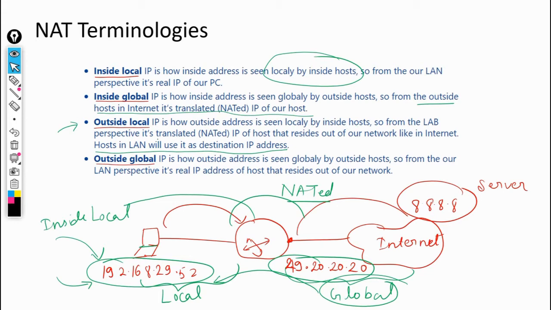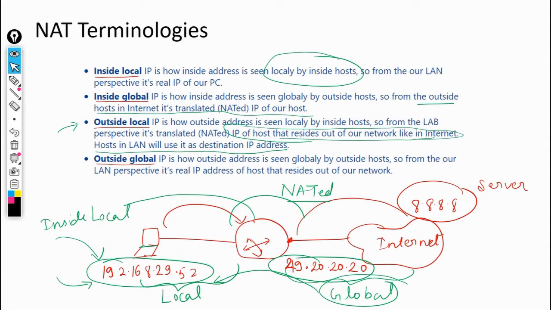From the lab perspective, it is the translated NATed IP of the host that resides out of our network, like in the internet.